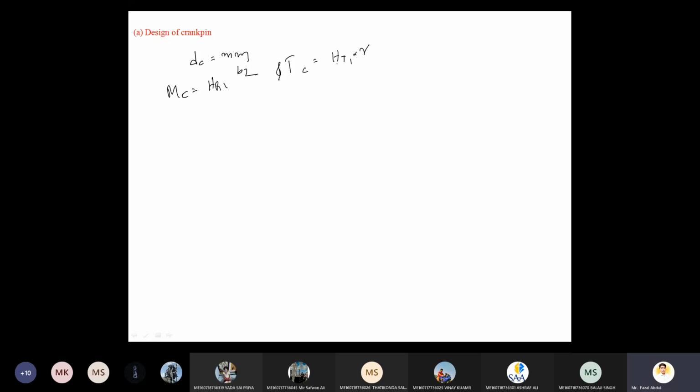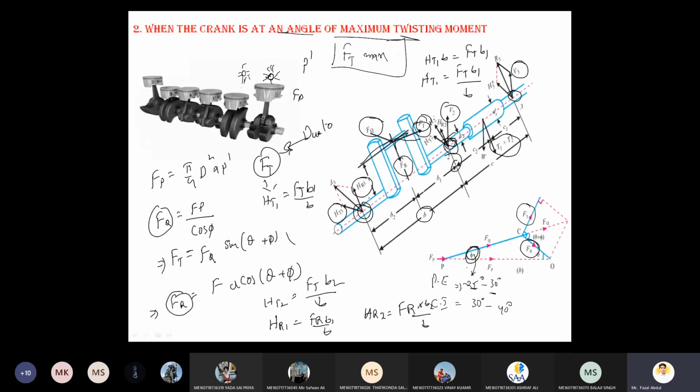From this figure, the maximum bending moment at the center of the crank pin is HR1 into this b2, and the twisting moment is HT1 into the radius. What is the radius here? The radius is r. So that I'm writing here.